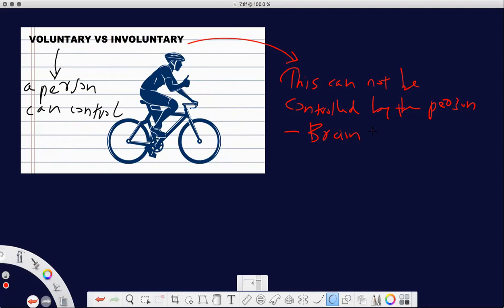So we take one example. We can take several examples. Let's say digestion. Digestion, after we take food into the mouth and after we swallow the food, then we cannot control it. It is controlled by the nervous system and involvement of the brain.